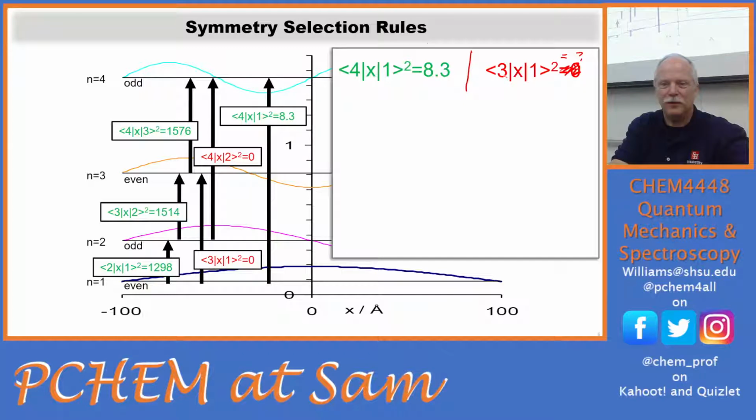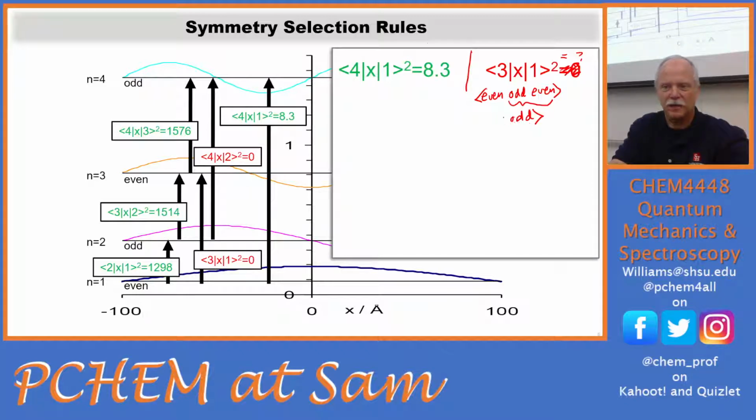And then we look up the symmetries of these functions. 1 is even, x is odd, and 3 is even. Okay, and then we have odd times even, which gives us odd.